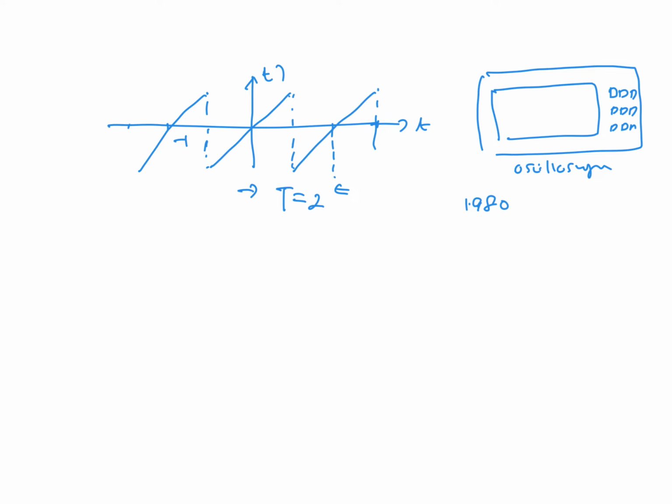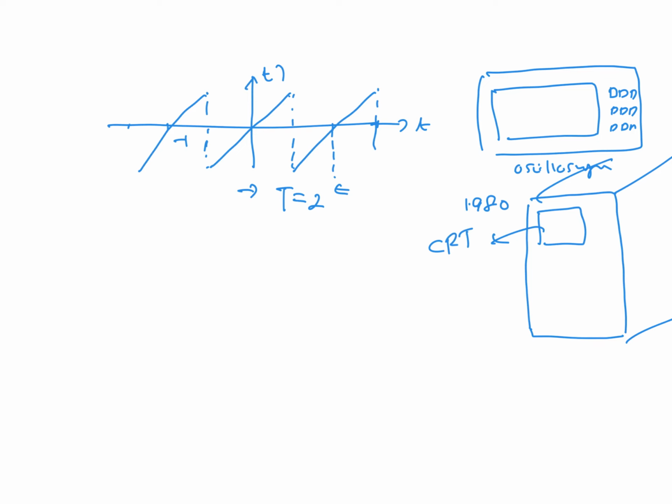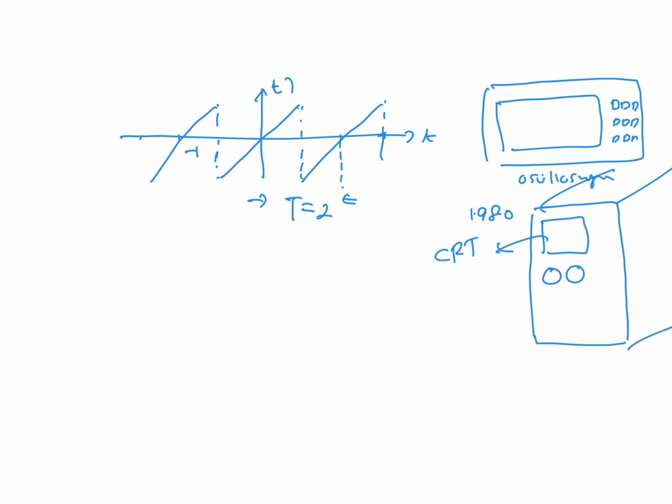So in the 80s, the oscilloscope had a very tiny window. It used a CRT, very big. Do you know what a CRT window is? A brown one, a 4-inch CRT window, and many dials. Everything is analog, not digital. But you can still observe the same wave pattern.